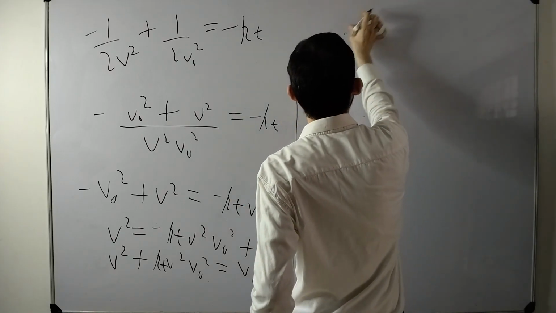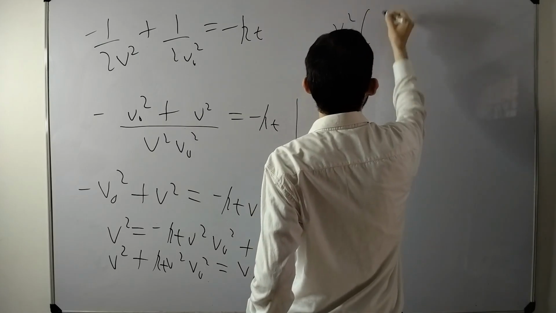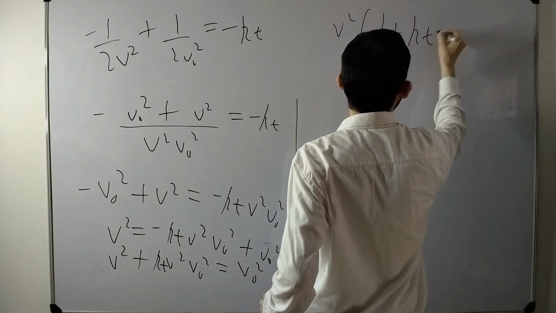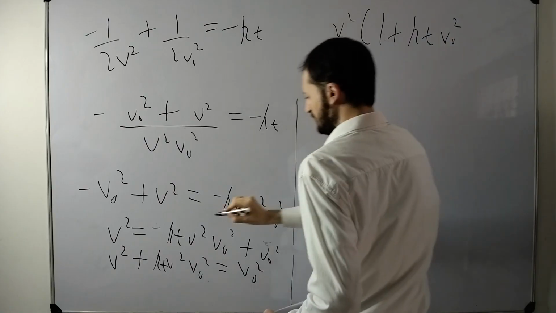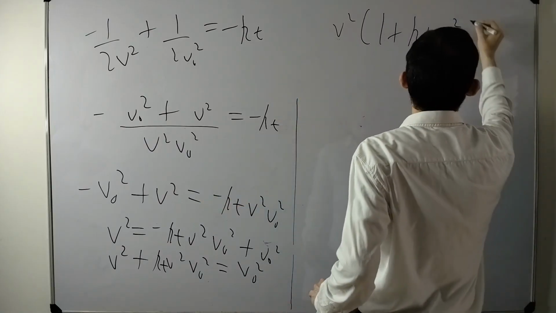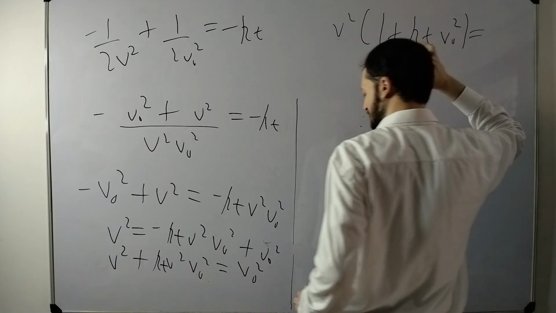Take V square common: V square times 1 plus kt V naught square. I missed one term here, that is why the problem was coming in the step.